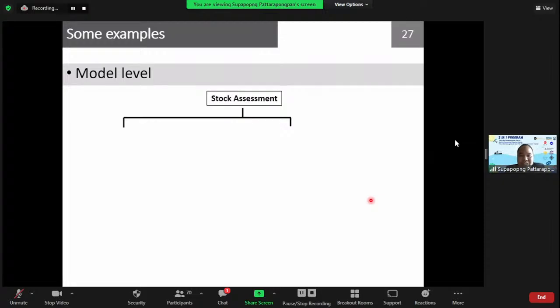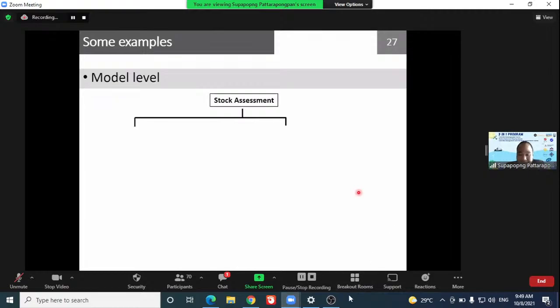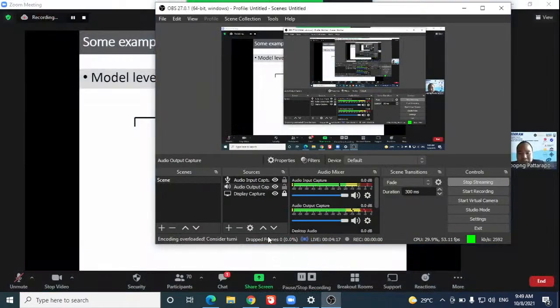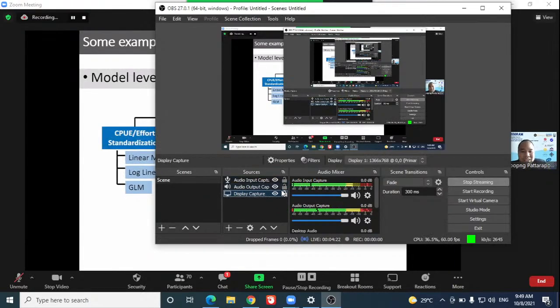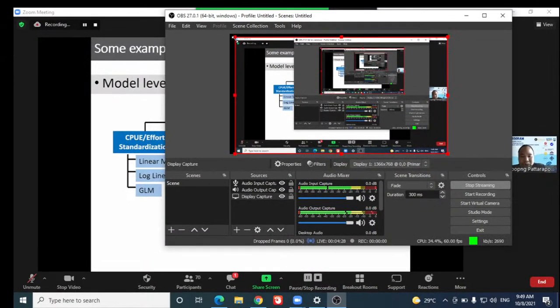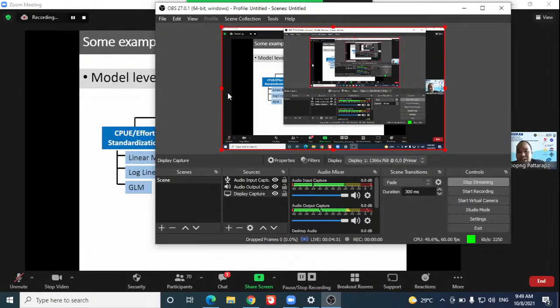So what is the model level in stock assessment? From my experience working with models, I can divide them into two kinds of models. First is the catch and effort standardization. Here, you have the catch, you have the effort, so you can make the CPUE, catch per unit effort.